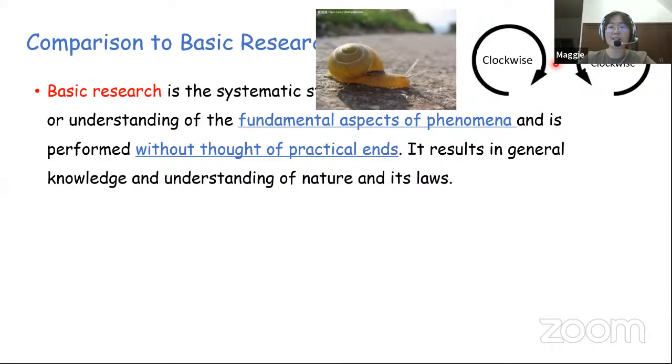So some scientists set up basic research about this curve to see how the clockwise or anti-clockwise direction of the shell is determined. This study can tell us more about the fundamental aspects of this phenomenon. However, I think there's no practical use for this project, right? But basic research is developed to know more about nature, the laws, the regulations and the mechanisms of phenomena. So this kind is basic research.